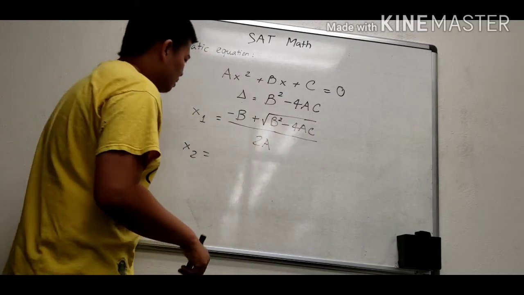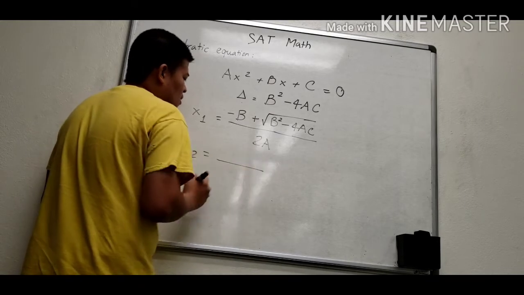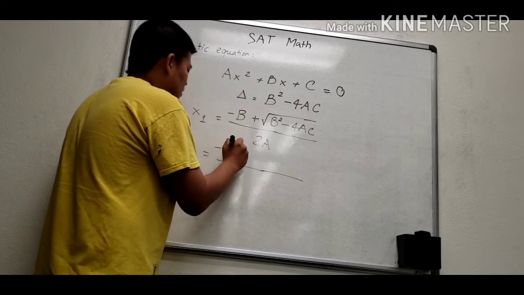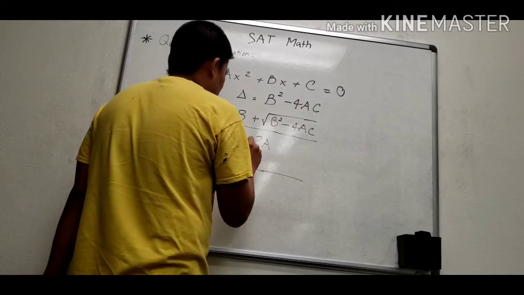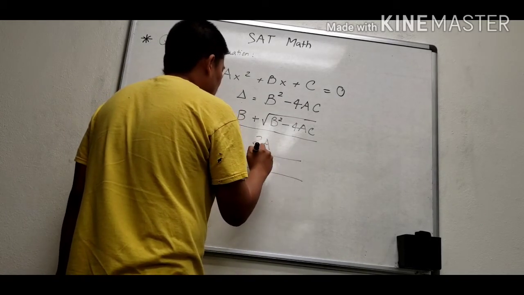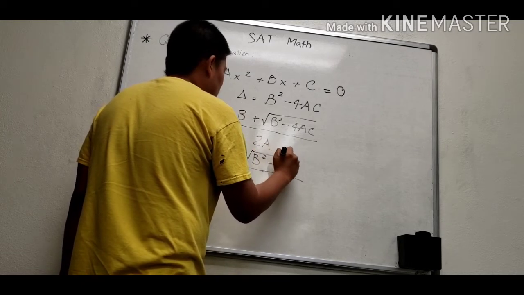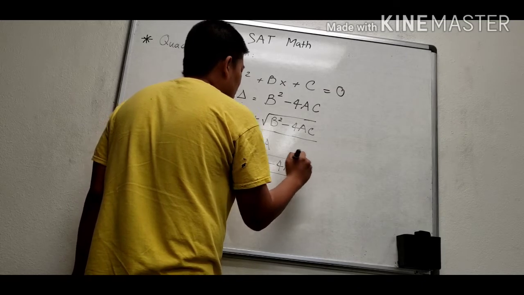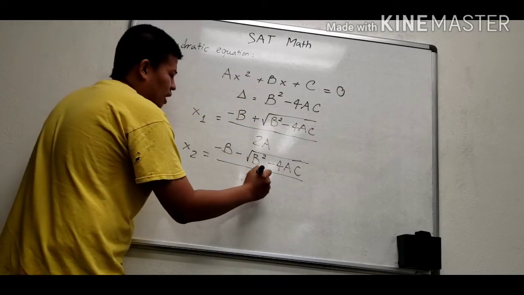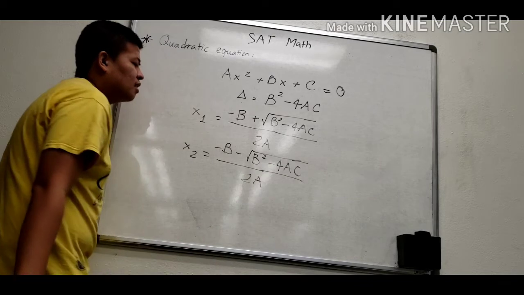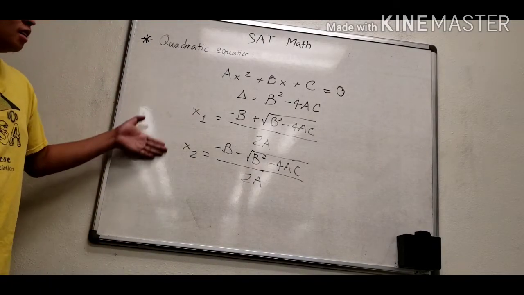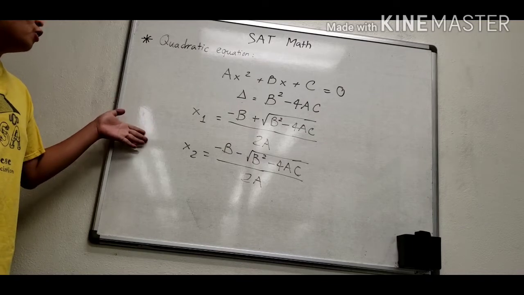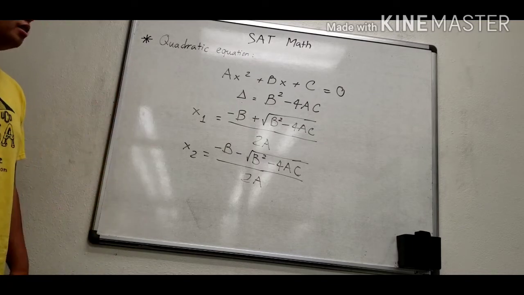Similarly, we have minus b minus the square root of b power 2 minus 4ac, divided by 2a. In here, you can see that this is the basic formula to find the solution of your quadratic equation.